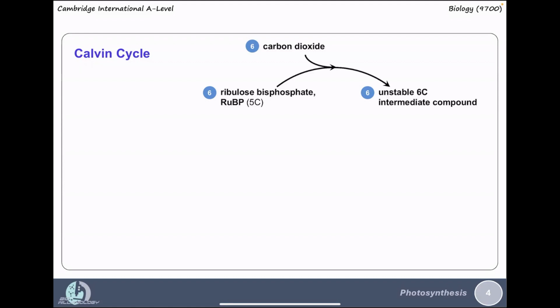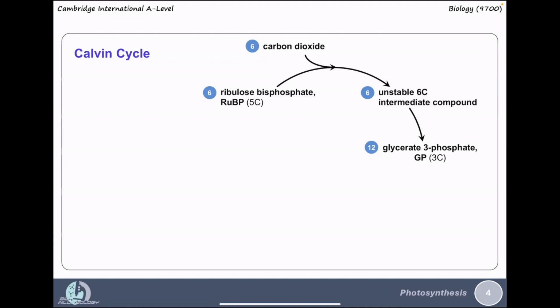This reaction is catalyzed by an enzyme known as Rubisco. This unstable 6-carbon intermediate immediately dissociates to form 2 molecules of glycerate 3-phosphate, also known as GP. Each molecule of glycerate 3-phosphate has 3 carbon atoms.